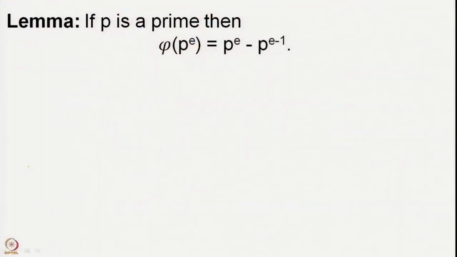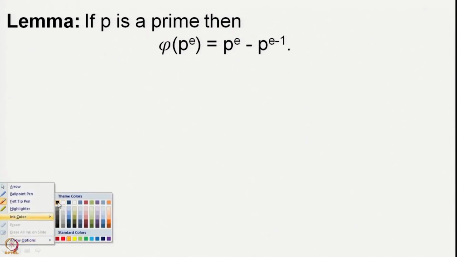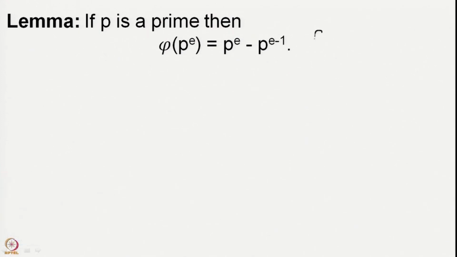The result simply says that whenever p is a prime and you want to compute the Euler phi function on p power e, for any e, there is no restriction on e, then phi of p power e is simply p power e minus p power e minus 1.